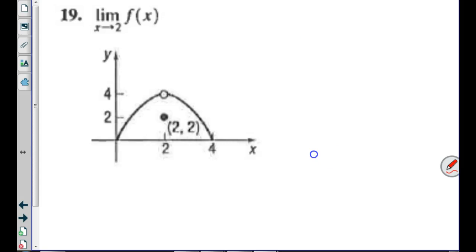Number 19. Does this have a limit at 2, and what is it if it does? This is what's going to be on the final, guys. And the choices will probably say 2, 4, does not exist, and I don't know, some other crazy answer like 5, which is right.